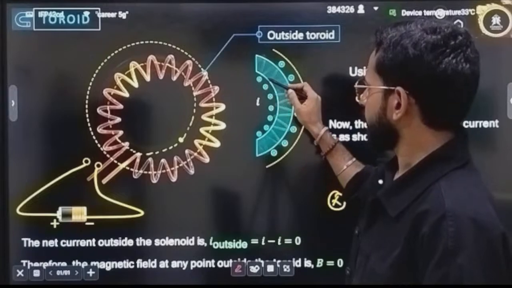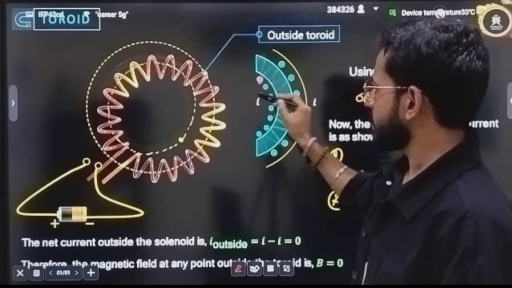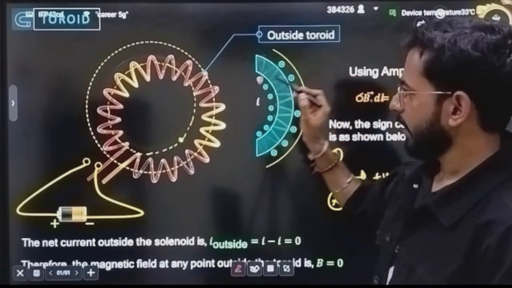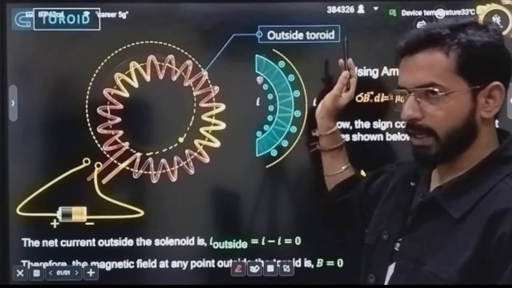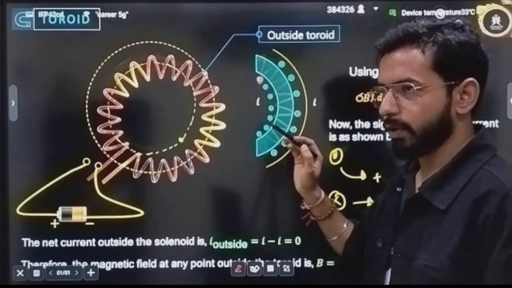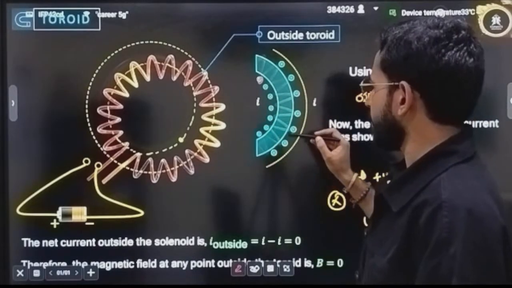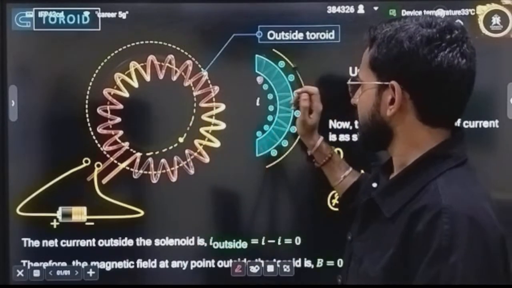This is the inside-going current and this is the outside-coming current: inside going, outside coming. This is the way you can imagine it. Going inside, coming outside, going inside, coming outside. This kind of regular winding is going on. Now if that is the case, and for the inside portion I have already told you that the net magnetic field is 0.